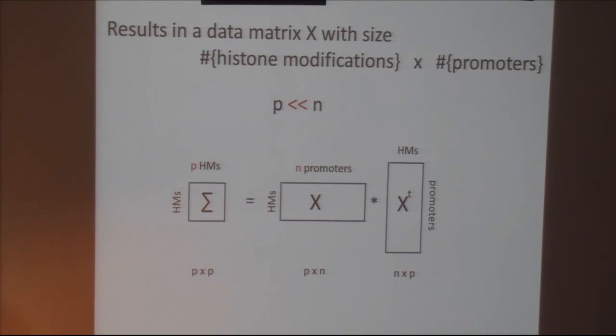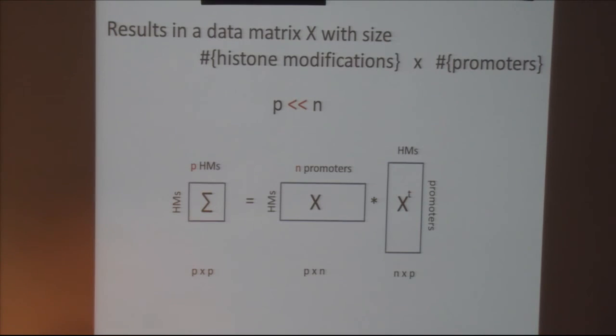Now, let's look at the data situation in this problem. We have a small number of histone modifications, and thousands of genes in an organism, each one has a promoter. So we have a huge number of promoters available. So we have solved our data shortage problem. We have enough data now to actually compute the variance-covariance matrix and also compute its inverse.